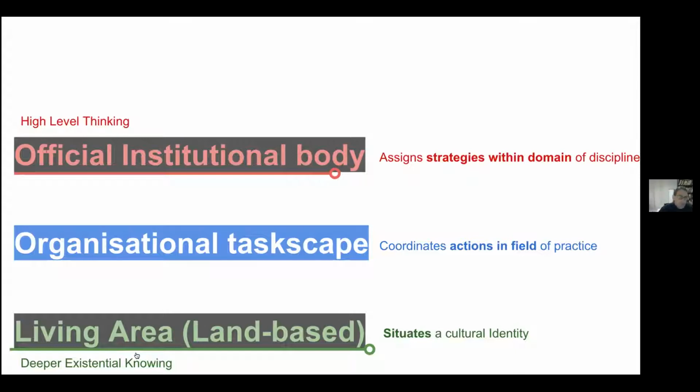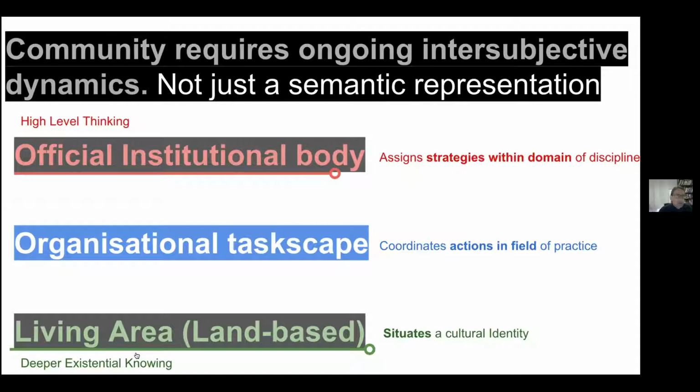And then at the top there, you've got this official institutional body. The thing that I'm going to speak to a little bit is that this relationship with the organization and their fields is really important to how you can really show the value of going deeper in the land-based work, which I really believe in with the community. So they require these kind of dynamics.